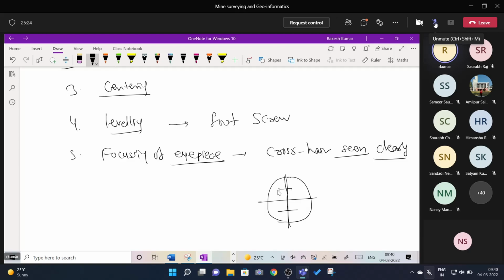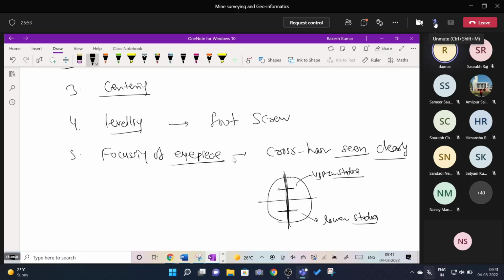This is called the upper stadia, and this is the lower stadia, which we use in tachometry, not with the theodolite. Your ranging rod should intersect with this crosshair.